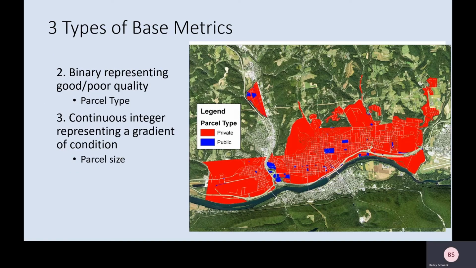The second type of metric used was also binary. However, it represented good or poor quality of land for BMP use. And the example of this is parcel type, which you can see on the map.